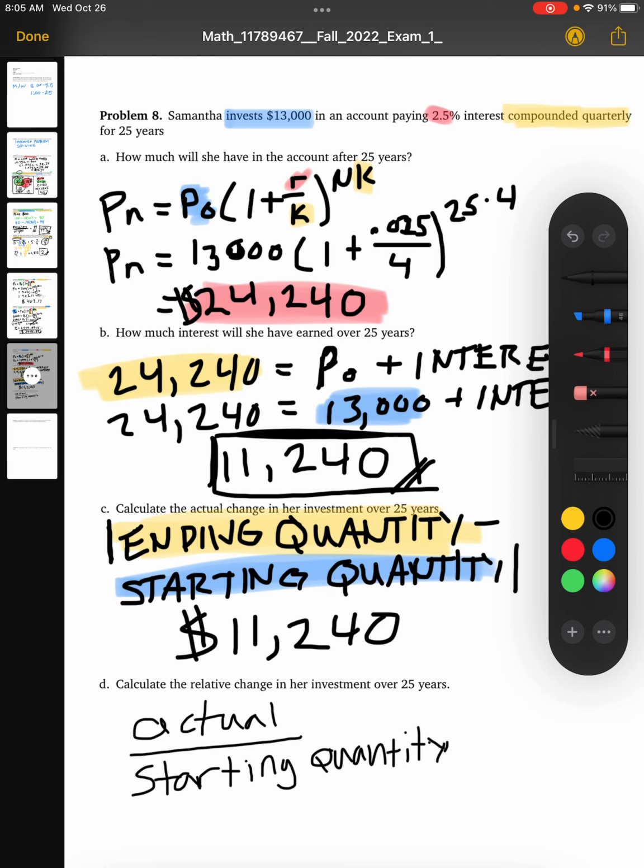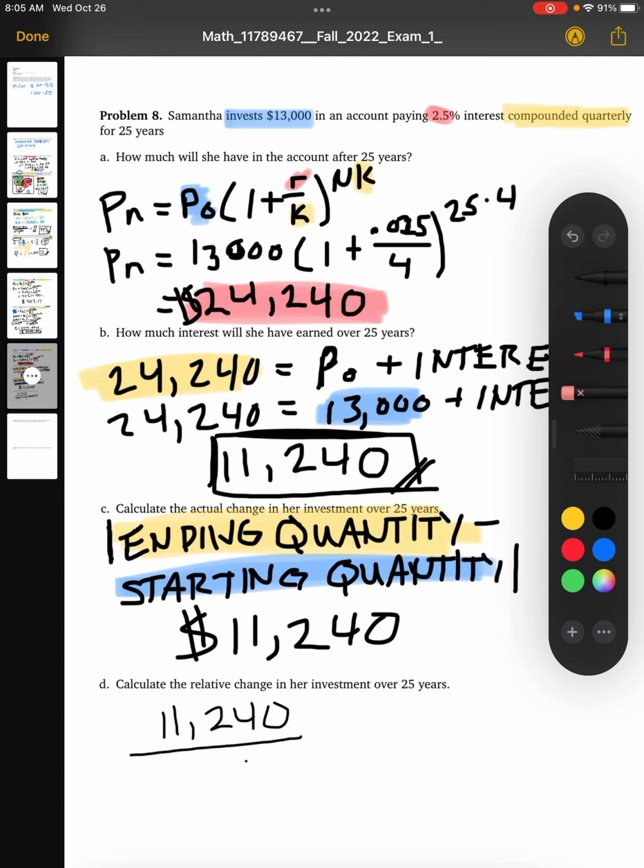So for us, the actual change is 11,240, and the starting quantity is her PO, her initial investment. And that gives you about 86% change, if you divide that out and convert to a percent. Okay, my friends, that's the mathiest math part.